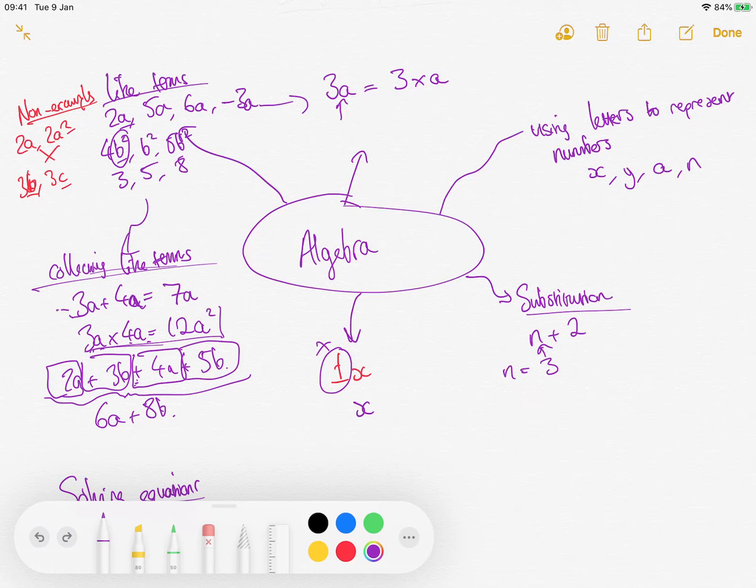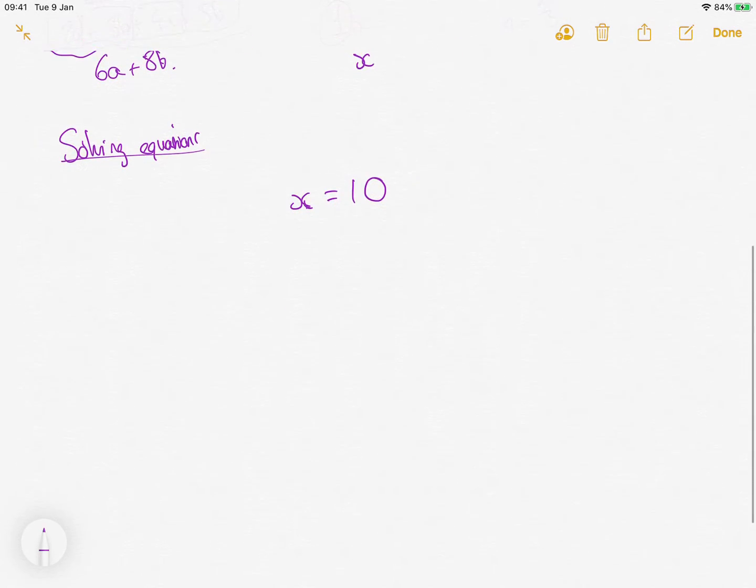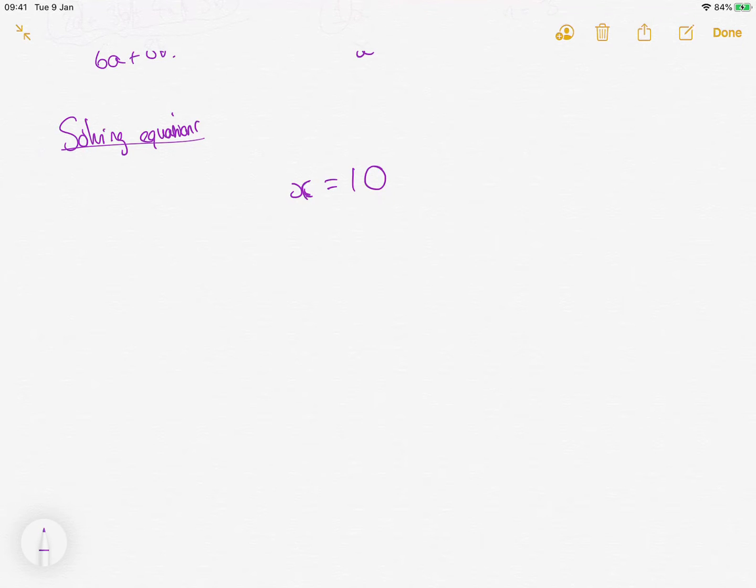But remember, letter next to number means you're multiplying them together. And also, if you had a letter over a number, then that means divided by 3, but we'd normally write it like a fraction. So let's say I start with x equals 10.